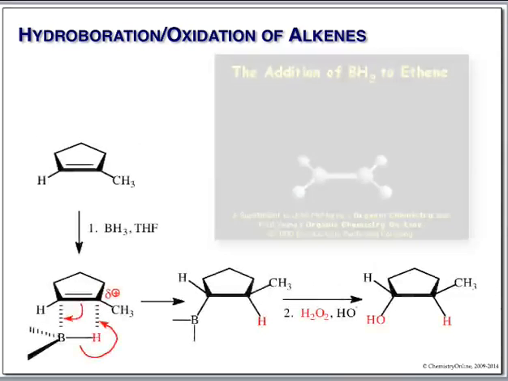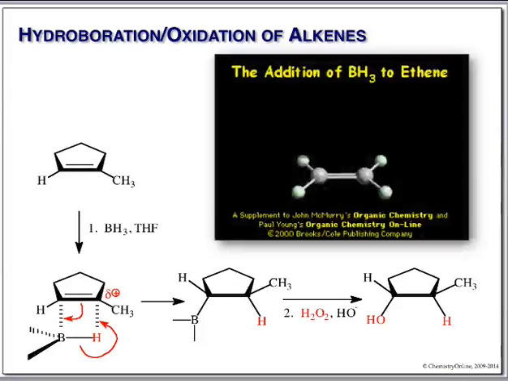Now, as always, there's a movie for that. Again, I used a different alkene here. We're going to take this alkene, these two add at the same time. They must be cis to each other.